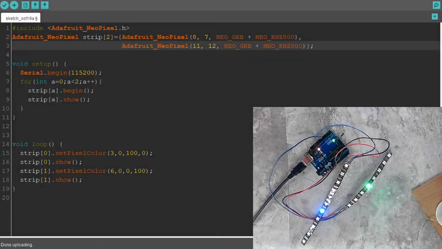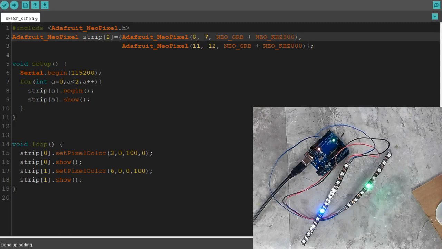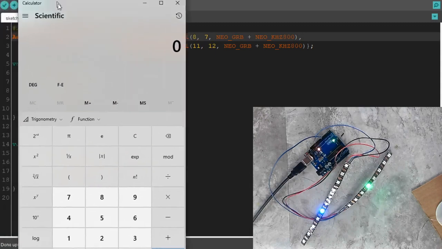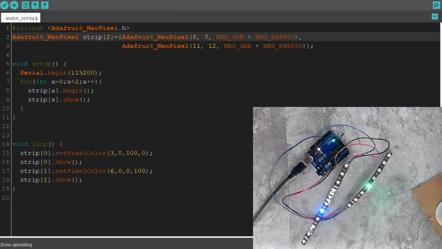It takes up 1 byte for red, 1 byte for green, 1 byte for blue, and it's going to store those 3 bytes for however many pixels we have. So right here we have 8 pixels, right? 8 times 3 is 24. So that's 24 bytes of RAM this takes.